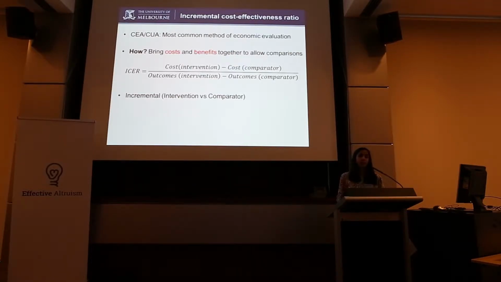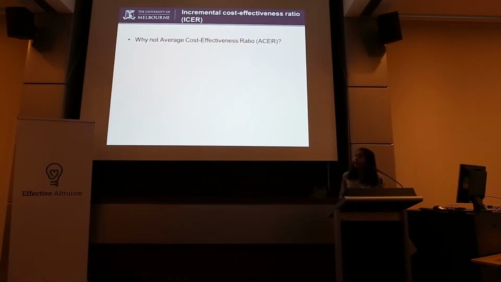You have your costs in the numerator, your outcomes in the denominator, and you're looking at the difference in costs between one alternative and another alternative, and the difference in outcomes between one alternative and another alternative. I'm going to stress that it's an incremental ratio. So there's always some sort of comparator. You're not looking at a treatment or a program or a policy all on its own. You always need to be comparing it to something else.